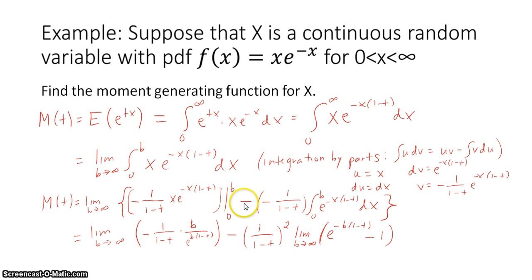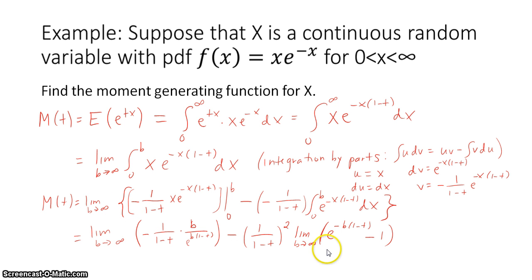Then we are going to subtract, and now we have our integral of v du. We pull out the negative 1 over 1 minus t and have the integral from 0 to b of e to the minus x times 1 minus t power dx. We can rewrite this way and complete our integral.